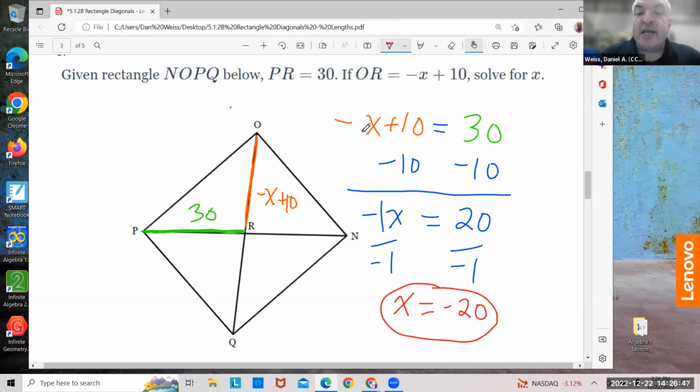Yes, it's possible to get negative answers, okay? If you put negative 20 in for x right there, you get negative negative 20, right? And negative negative 20 is positive 20, plus 10 is 30, right? Ding, ding, ding, ding, ding. Woo!